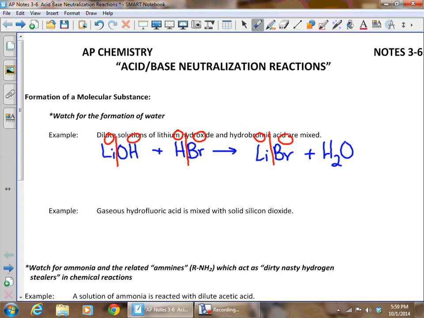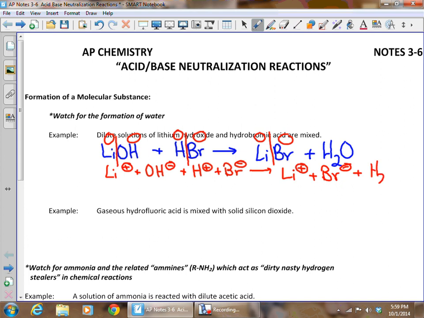So let's write those down. We've got Li plus OH minus plus H plus Br minus, and that's going to form Li plus Br minus plus H2O. So what can drop out as spectator ions?